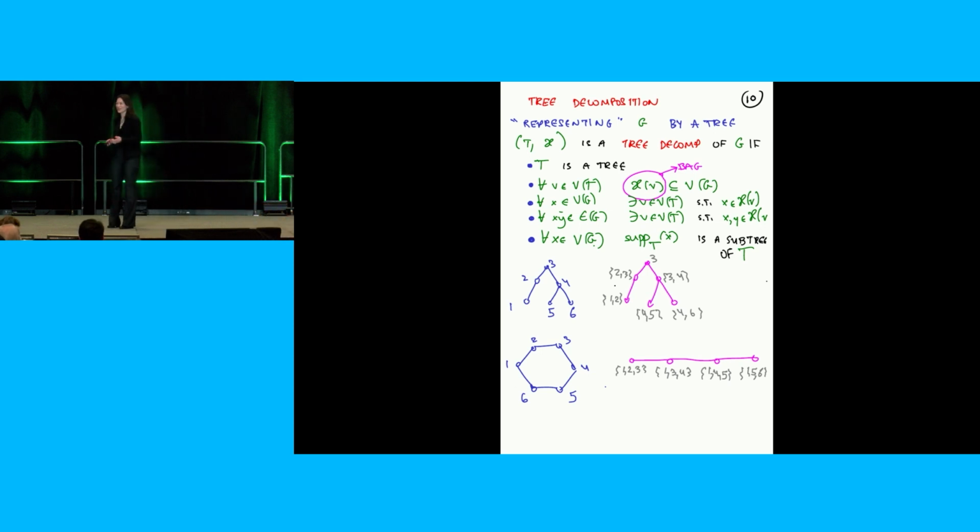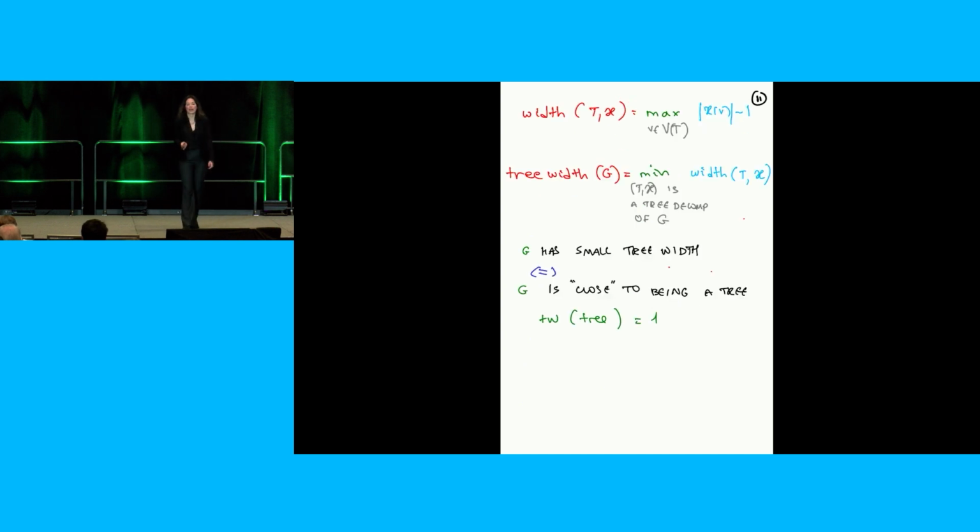We don't want trees to have tree width 2. That seems wrong. So you fix it by putting a minus 1. And we will say that the graph has small tree width. That means it's close to being a tree. That's kind of a tautological definition, but that's what we say. In particular, trees have tree width 1. OK, so very good.